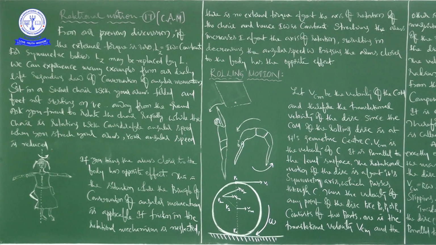L is equal to I omega. From our previous discussion, if the external torque is 0, Lz is equal to I omega, that is equal to constant.